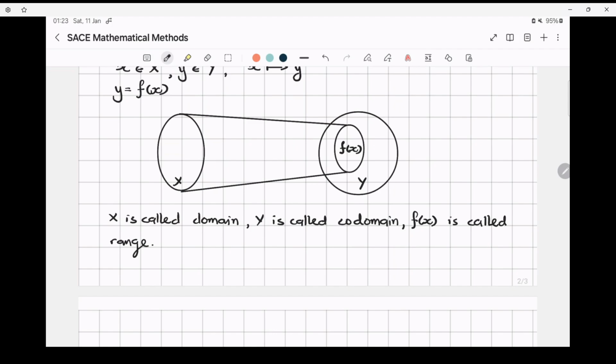Furthermore, if let's say you have some element, smaller x, here is some element which is the smaller y.